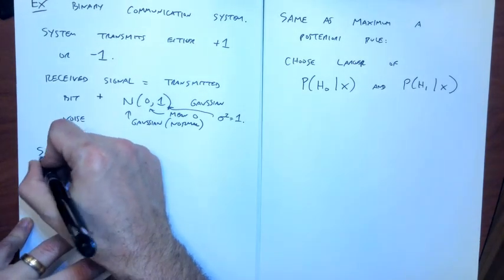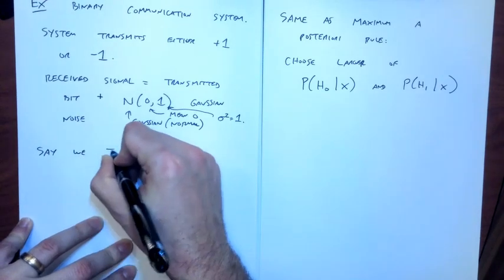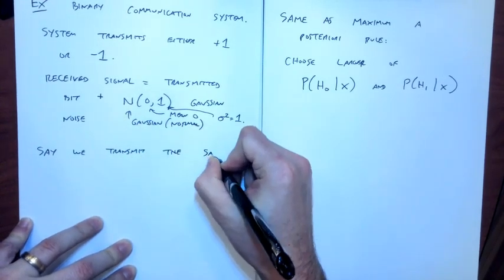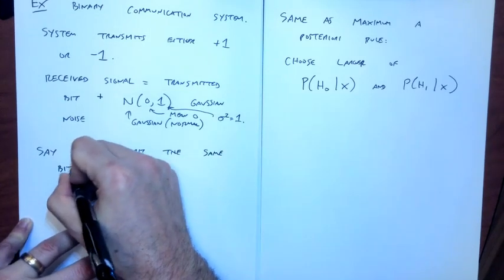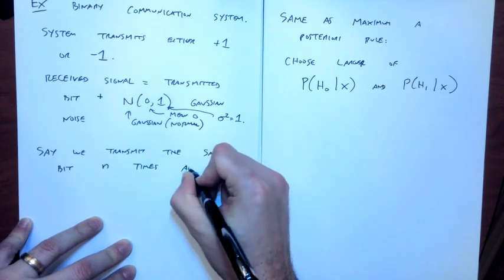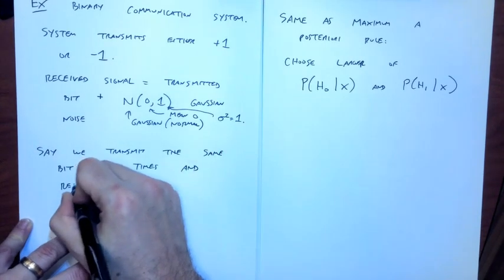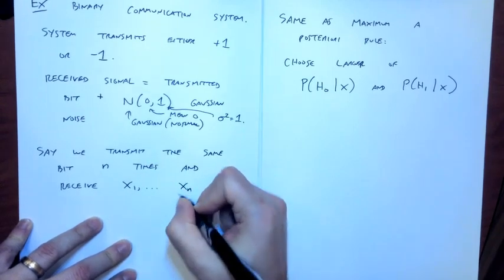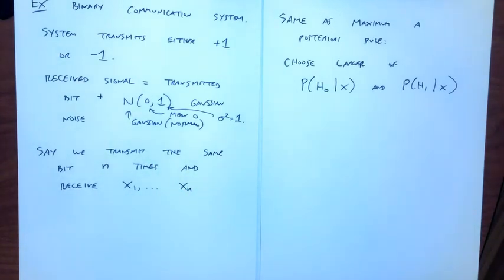So let's say that we transmit the same bit n times, and what we get on the other side is these random samples x1 through xn, which in theory are all just kind of like random messing up of the same bit, right?